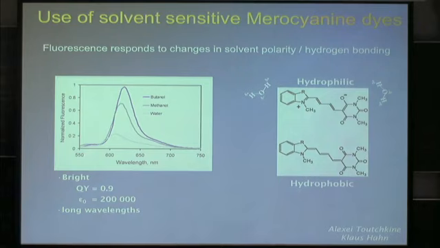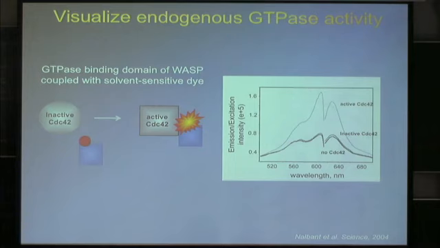I haven't done those dyes, right? I haven't cooked them. Alexei in our lab, when I was in Klaus Hahn's lab, did generate those dyes, and I coupled those dyes with a specific effector domain that will only bind to active CDC42, active GTPase.